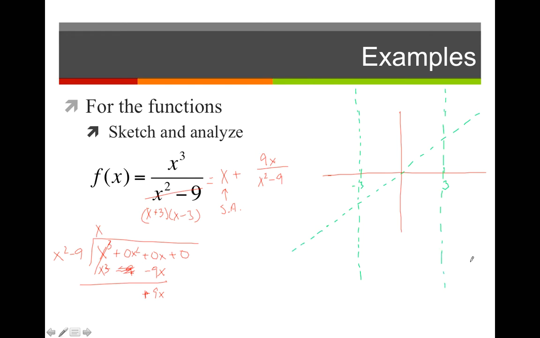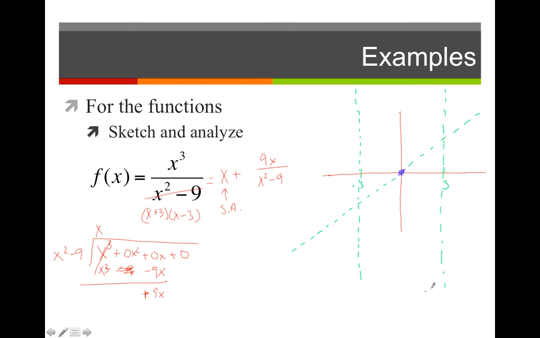So now we need to figure out how this function is graphed. I'm going to change my pen color one more time here. We're going to go to a blue. All right, if I was to plug in x equals 0 into the original function, I would get out a 0. That means it's going to go through the origin. But I really need to know what's going on at the asymptotes. So as x gets closer to 3 on the left-hand side of 3, I can basically plug in a number really close to 3 that's on the left-hand side.